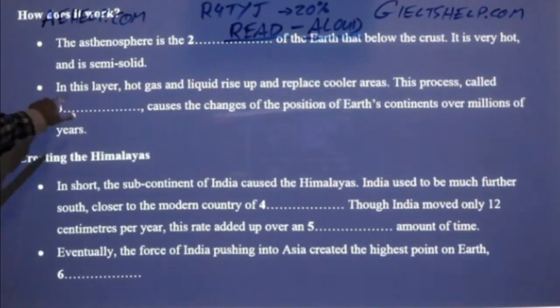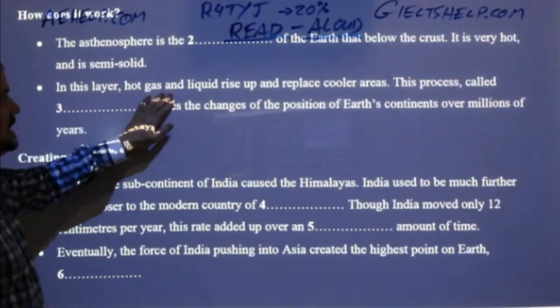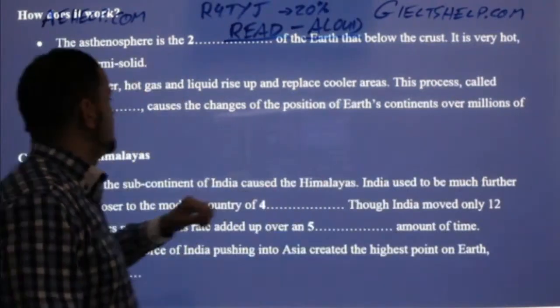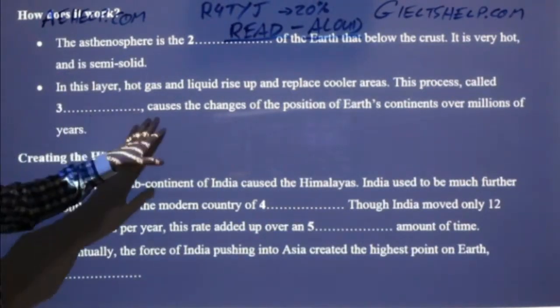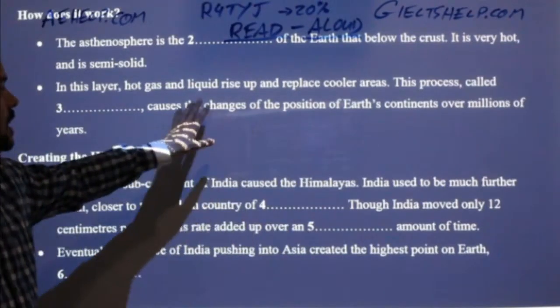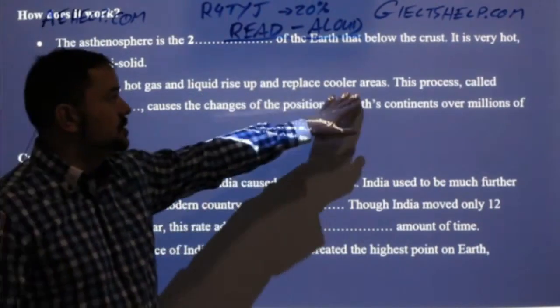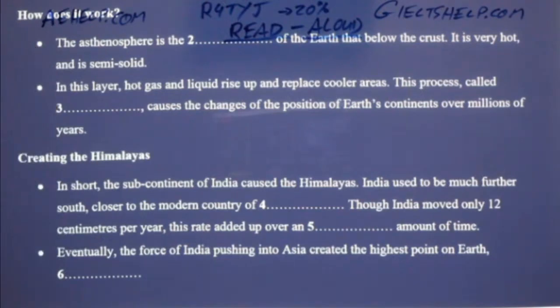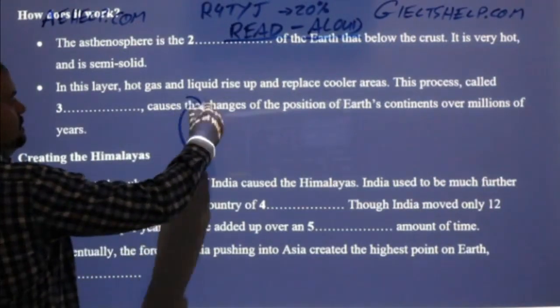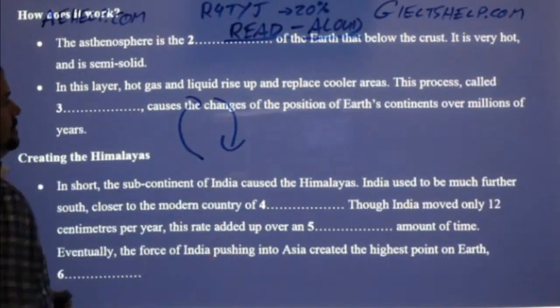In this layer, this helps me with this question. In this layer, hot gas and liquid rise up and replace cooler areas. This process called something causes the changes of the position of the earth. So liquid rises up and replaces cooler areas. What is this process called? Hot gas goes up, cooler things go down.